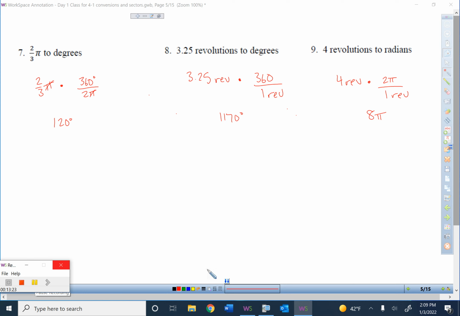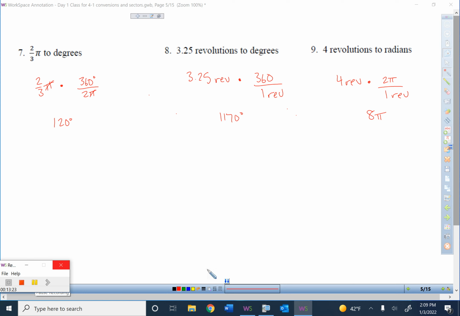And if all the way around is 2 pi, then half the way around is, we know, 180 degrees, but that's the same thing as pi. To show you algebraically here, we can divide by 2 on both sides, and pi is the same thing as 180.